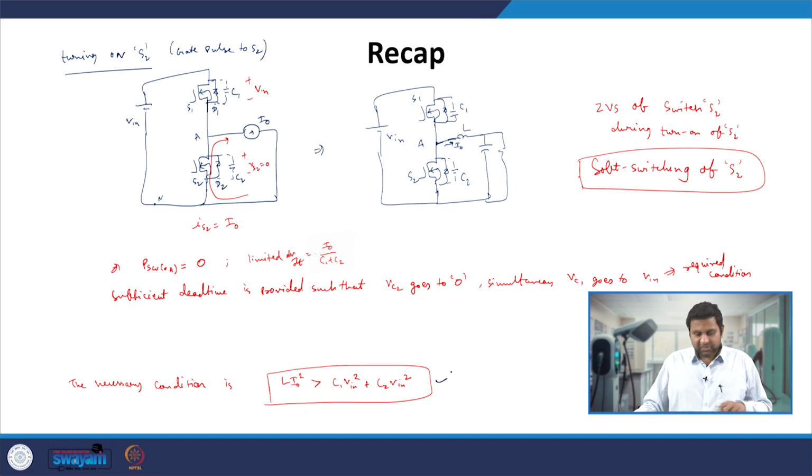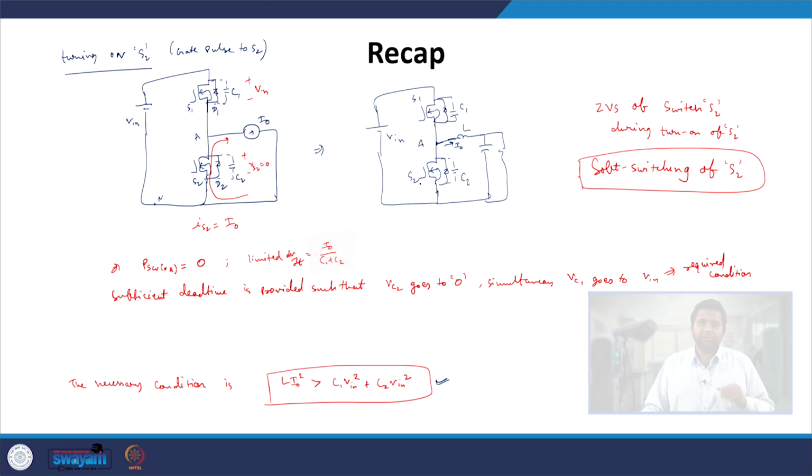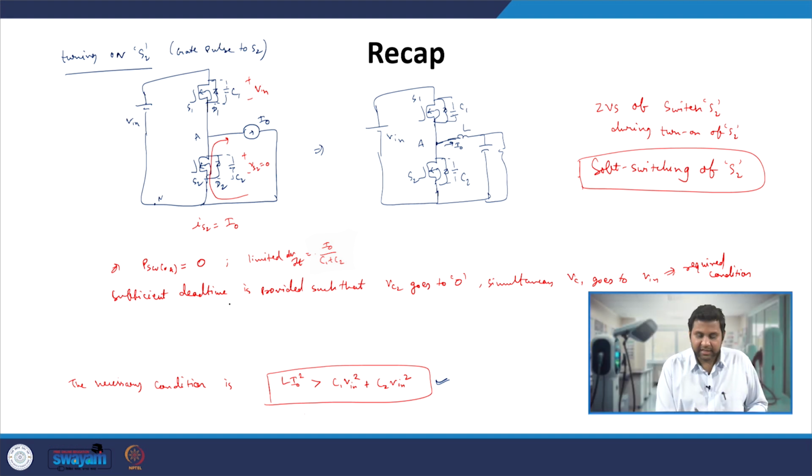Once this condition is met, there is a possibility of soft switching during turn on of the S2 switch. However, the required condition, which must be there, is that you have to provide sufficient dead time.